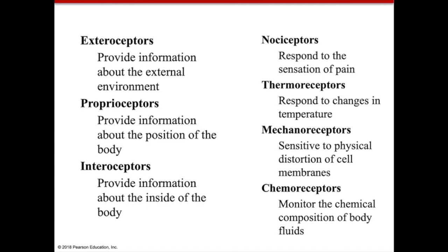Proprioceptors carry information about proprioception. It's difficult to know what proprioception is just by defining it. The definition would be something like the position of the body. But what helps a lot is to think about a clinical task that allows us to test for proprioception.